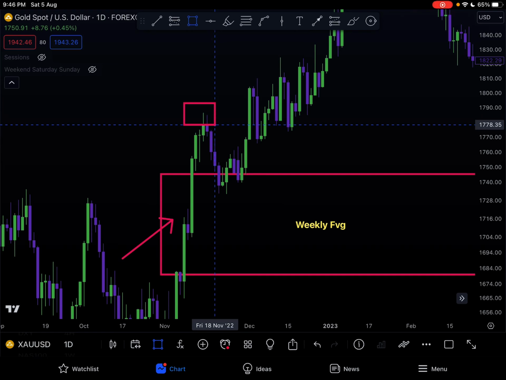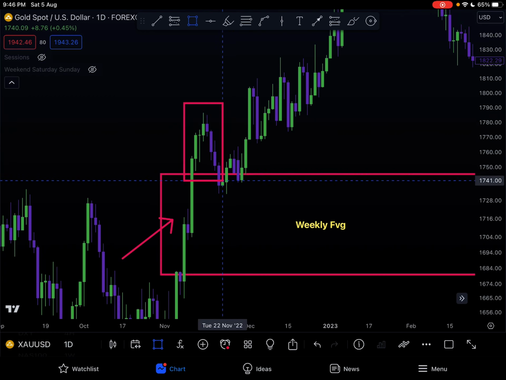Be patient, okay? You're going to see, especially if it's a relevant fair value gap and your plan is to try to catch a nice rebalance to try to get your entry. And I will say this to a lot of people who are listening, right?